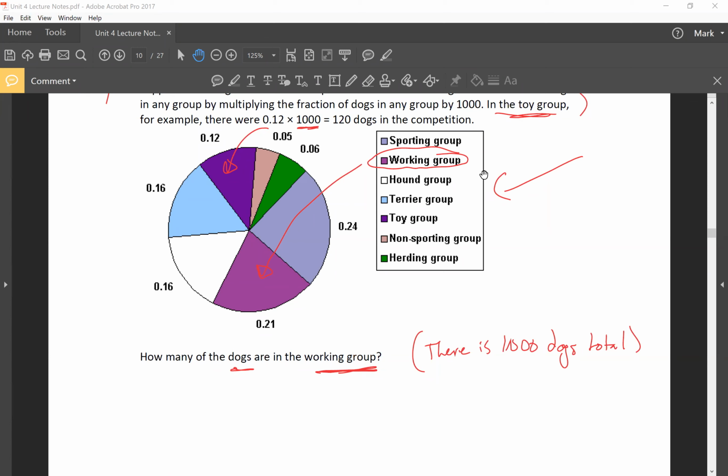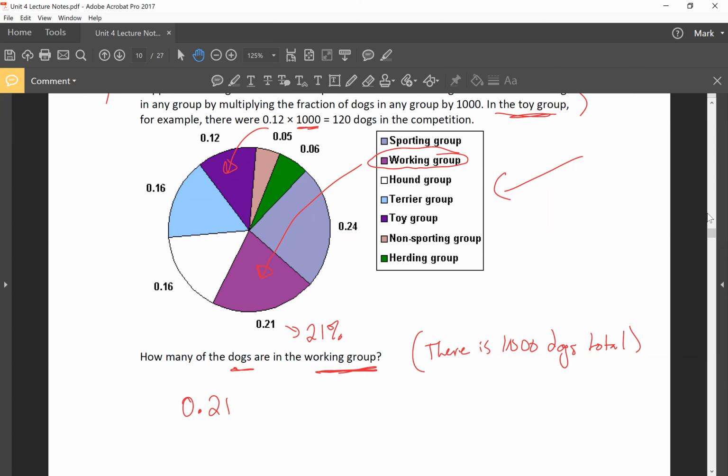So Kalsum and Zarina, Reem said 210. That's perfect. So 0.21. Again, just remember this represents 21%. And the reason I mention that is because in the future, most graphs you will see will be percentages.